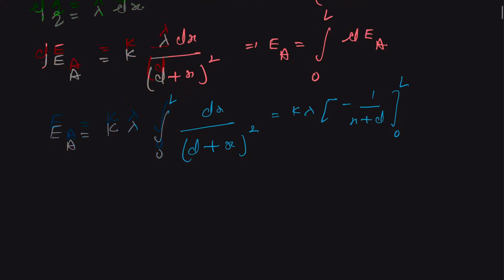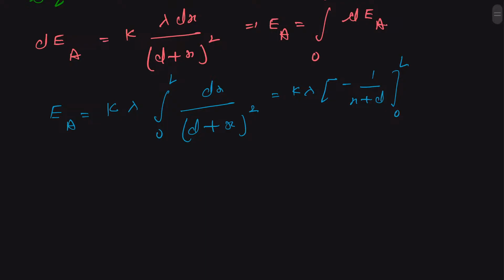Therefore, we get that the electric field at point A will be equal to k lambda times 1 upon d minus 1 upon L plus d. And we can further solve it.